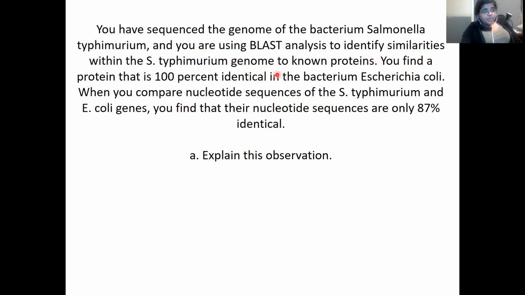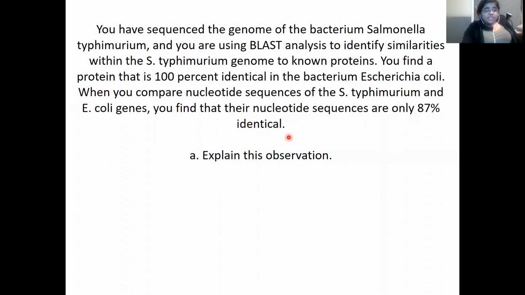You find a protein that is 100% identical in the bacterium E. coli, Escherichia coli. When you compare nucleotide sequences of the Salmonella typhimurium and Escherichia coli genes, you find that their nucleotide sequences are only 87% identical. Explain this observation.